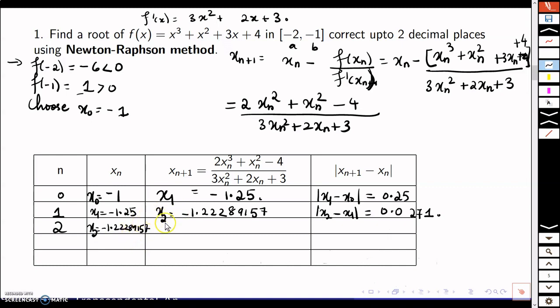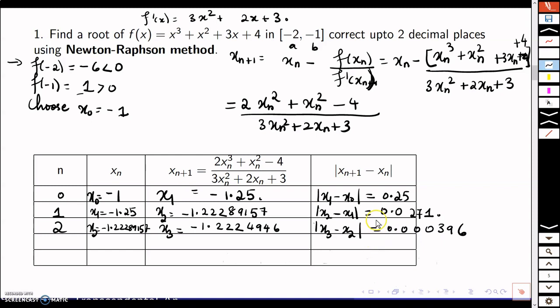And similarly, now you can compute the value of x3, that is the fourth approximate root. Okay, it shouldn't be difficult. So this will turn out to be minus 1.2224946. Okay, and this difference x3 minus x2, the absolute value you take, will give you 0.000396.